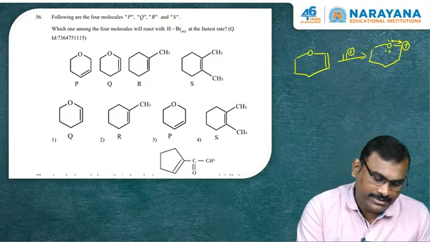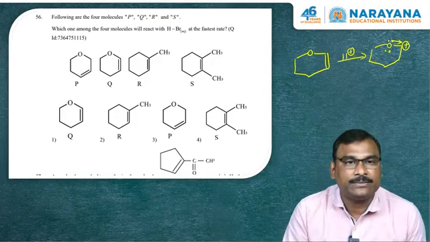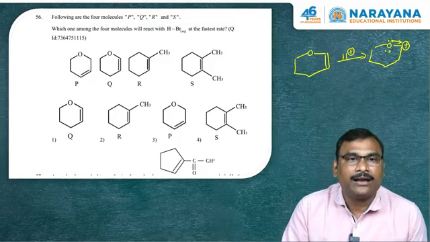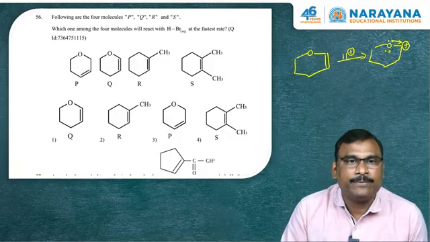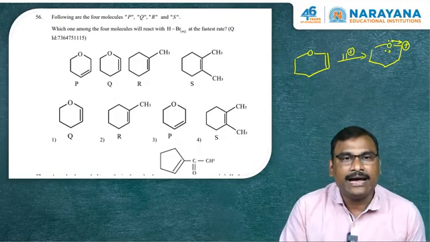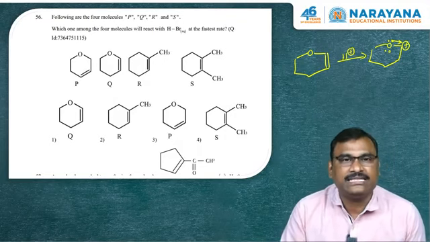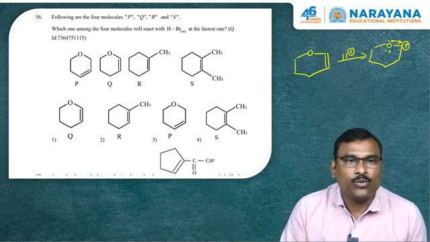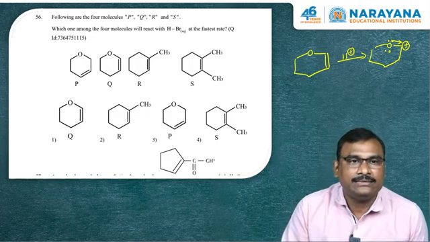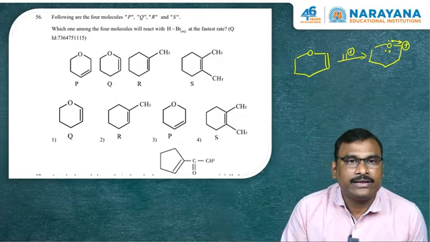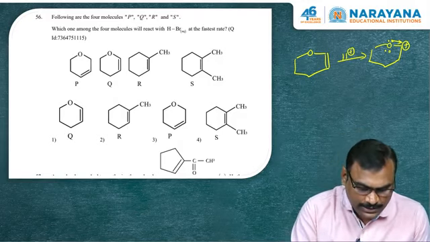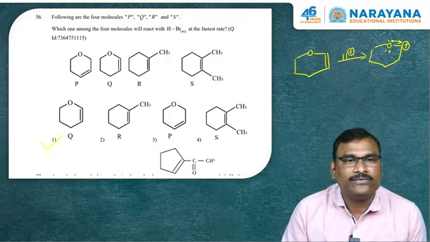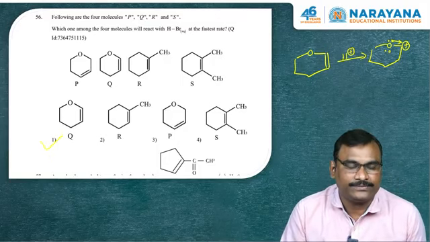In the remaining P, the carbocation is destabilized by the minus I effect. In R, the carbocation generated is stable, but it is stabilized only by the plus inductive effect and hyperconjugation, and S is also the same. In Q only, the carbocation generated is the most stable one. So Q will give the fastest rate of reaction. So the option containing Q is option 1. Therefore the answer is 1.